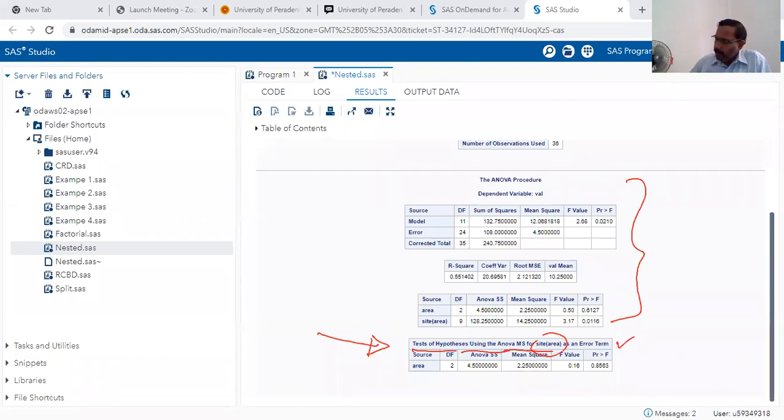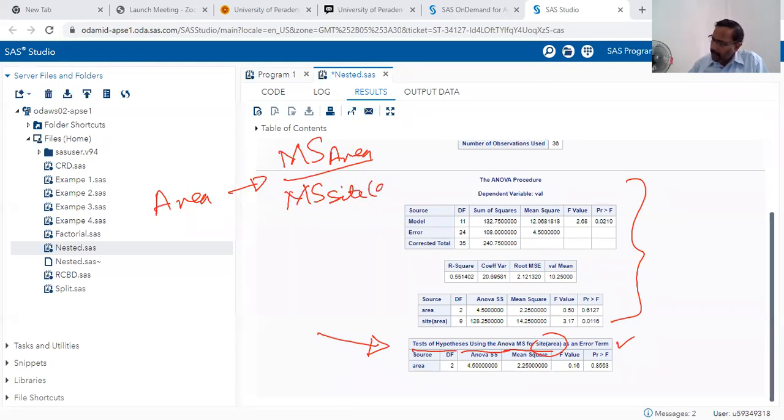So I'm testing area as the mean square of area divided by the mean square of site within area. That is our error term to test the area. Read very carefully. This is the additional information that we are getting.